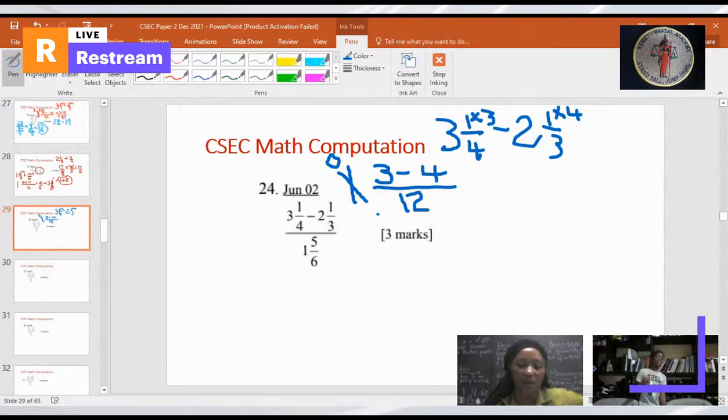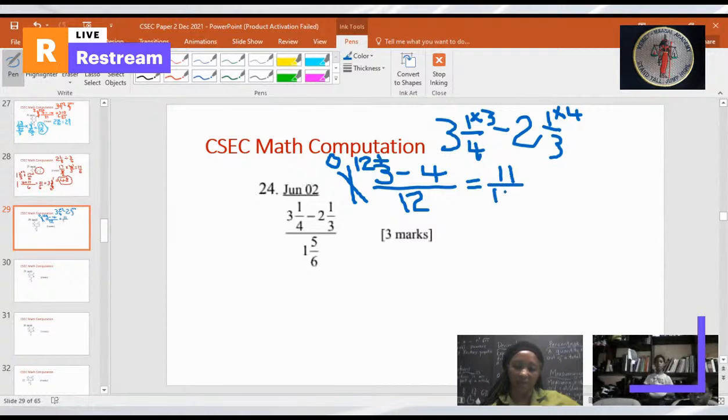But what do I do with that one whole? You bring it over as 12. So what we're really doing is bringing it as 12 over 12, because one whole is any number over itself. So now we add the 12 and the 3. That's 15. 15 minus 4 equals 11 over 12.